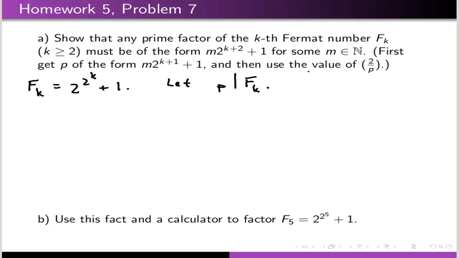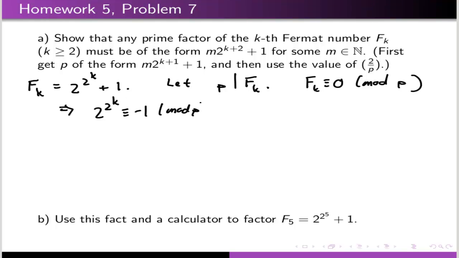So that means that F_k is congruent to 0 mod p, which means that 2 to the 2 to the k is negative 1 mod p. And so what does that tell you about the order of 2? I claim it identifies the order, right? That you know exactly what the order of 2 is just from this one equation right here.